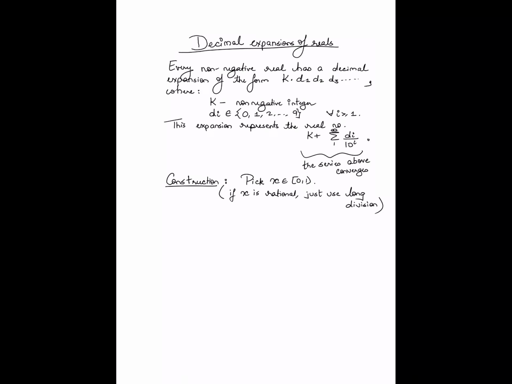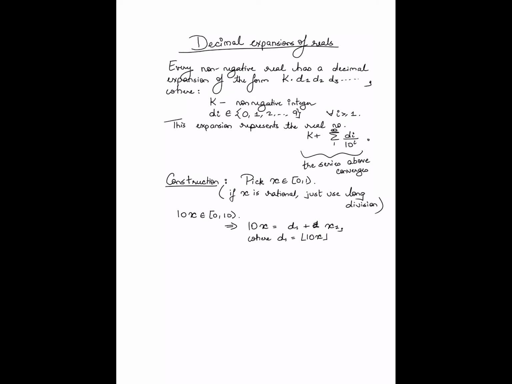If x is a general real valued number between 0 and 1, then the thing to note is that 10x is in fact between 0 and 10. So therefore I am allowed to write 10x as d1 plus x1, where d1 is essentially the floor, the greatest integer less than or equal to 10x.